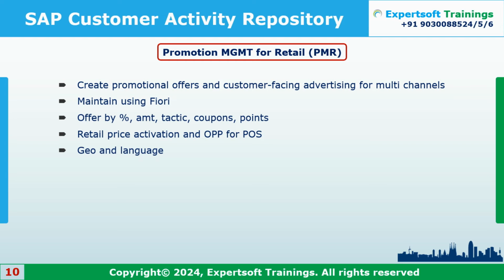They first create an event, like every year how many events I will have, and then within the event I will create offers. So promotional events, promotional offers. And then how do I communicate that to the customer? How do I create a pamphlet or send out a marketing email?